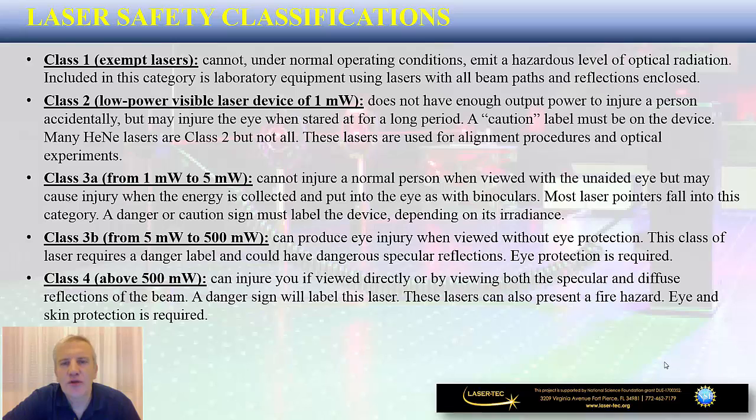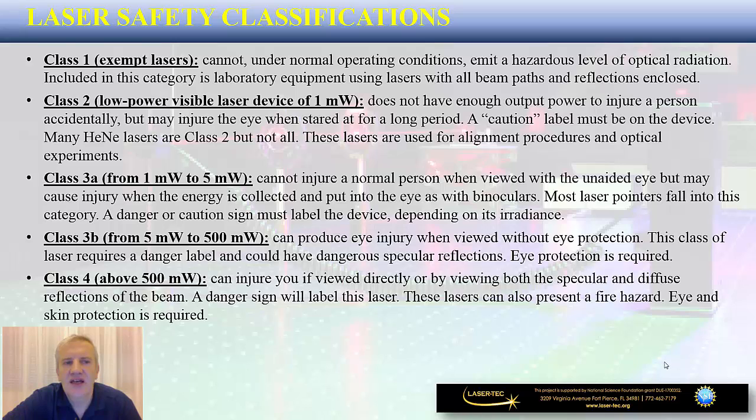That's another important aspect that has to be mentioned. It's not just about the power or irradiance of the laser, it's also about the exposure time. You have to take into account both the power of the laser and exposure time in order to properly quantify whether a laser is posing any kind of threat or risk for laser safety.